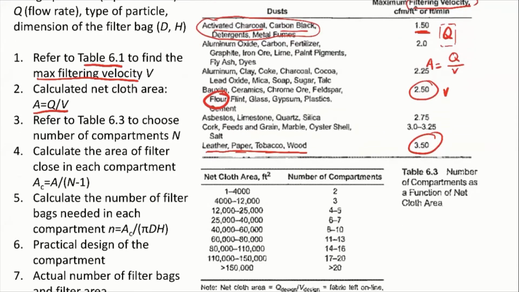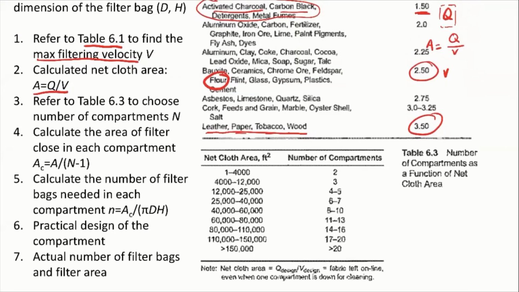Further, if we know the total cloth area, then we need to refer to table 6.3 to find out how many compartments we need. So let's say, for example, if we find out that the total cloth area is somewhere around 70,000 square foot, right?